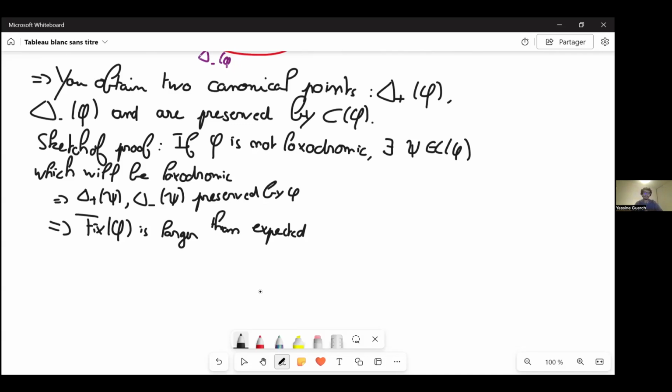And the fact that it preserves a lot of such trees will imply that it has a large fixed subgroup, and in fact a fixed subgroup which is not contained in the vertex stabilizer of any point. And this will contradict the fact that we are in the case that fixed phi fixes a point in a free FN tree. So I will stop here, and thank you very much for your attention.